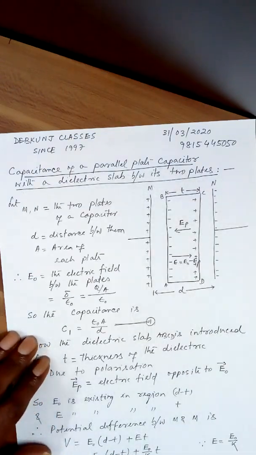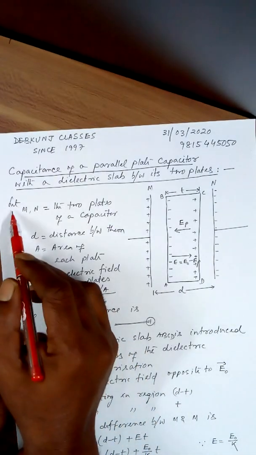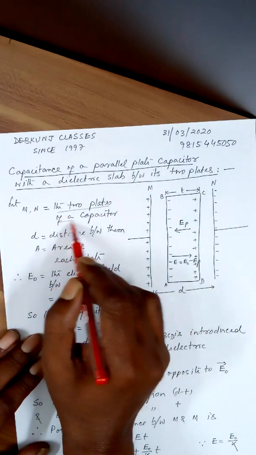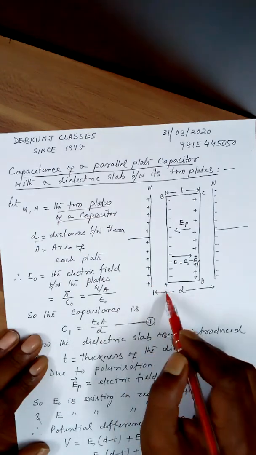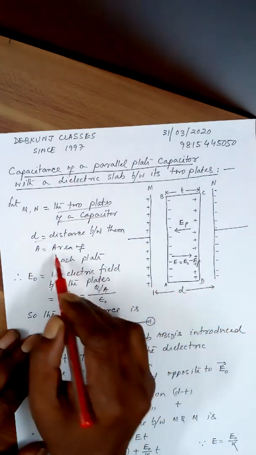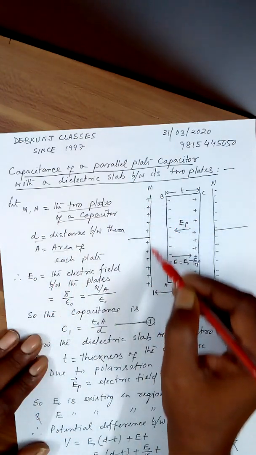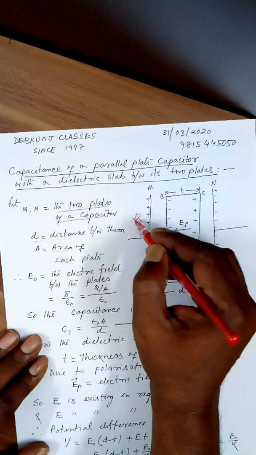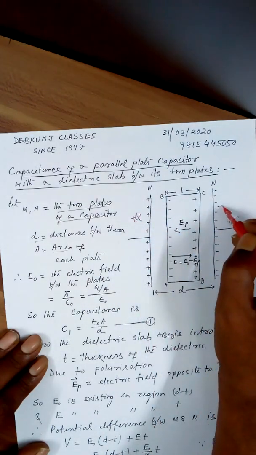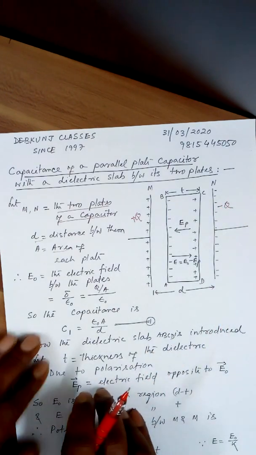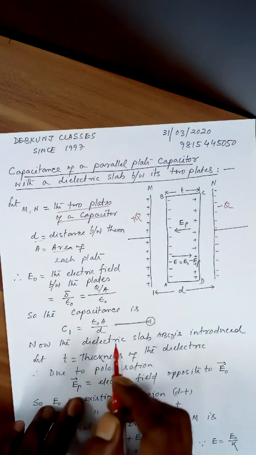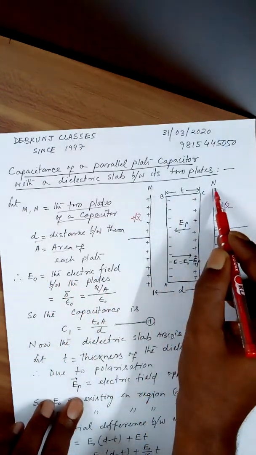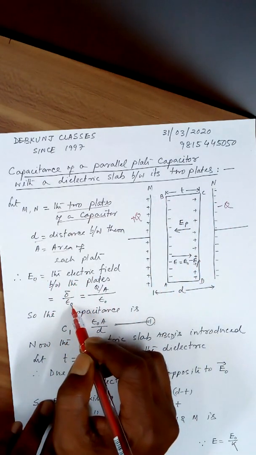Now look at the figure. Let M and N be the two plates of a capacitor, d is the distance between these two plates, A the area of each plate. On this plate we have charge plus Q, on this plate we have charge minus Q. Now the electric field between these two plates M and N is sigma by epsilon naught.